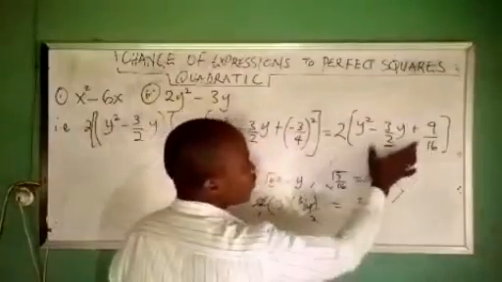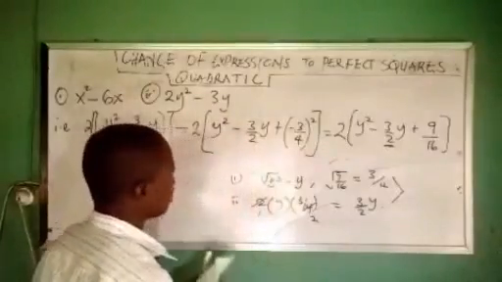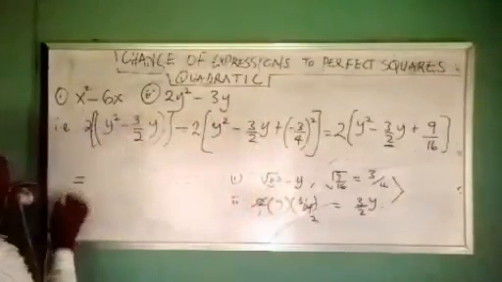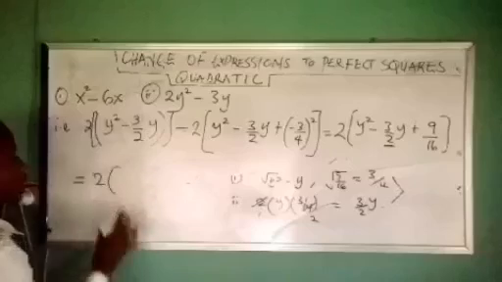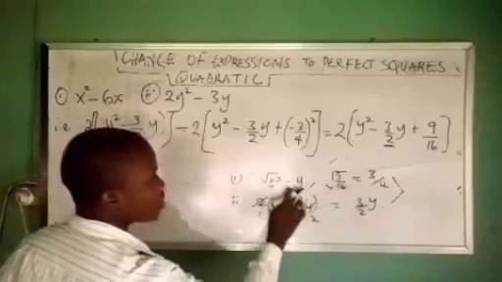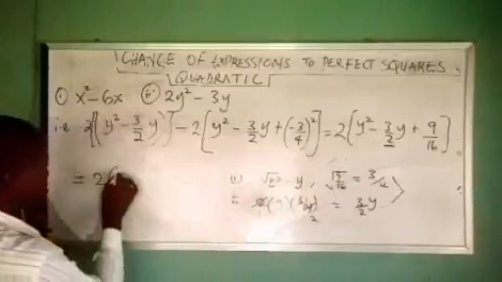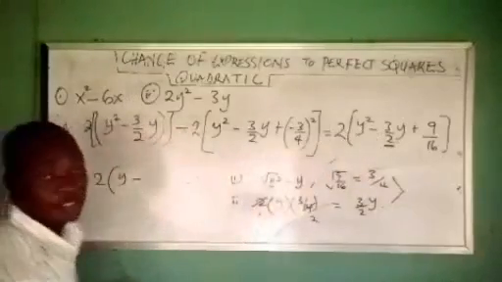So now, if you want to factor this one out, you don't need to stress yourself. It will just be 2 into bracket, the square root of the first term, which is y. Because of the minus, we have minus a.